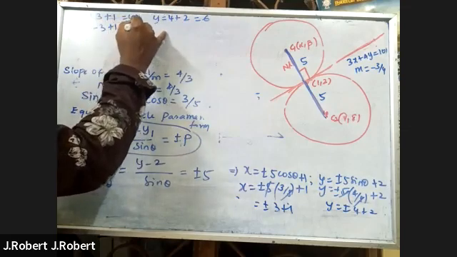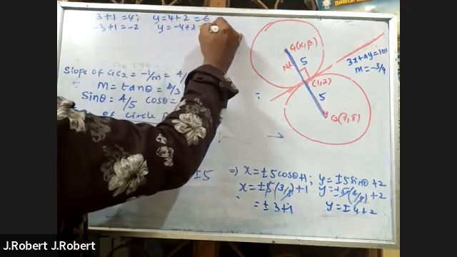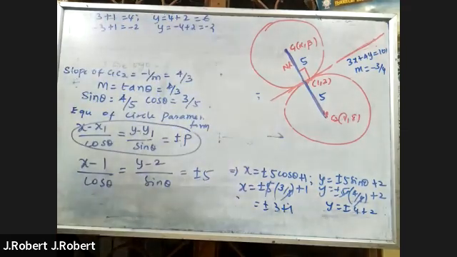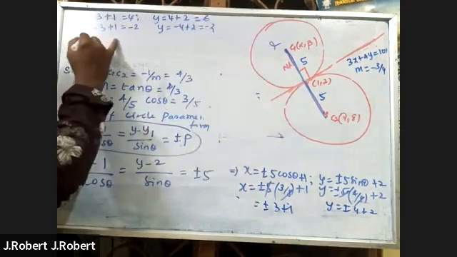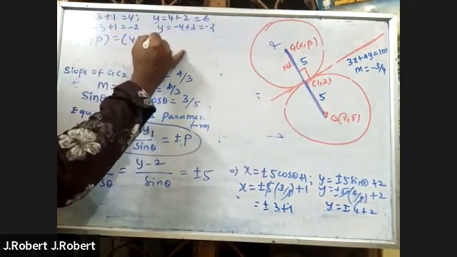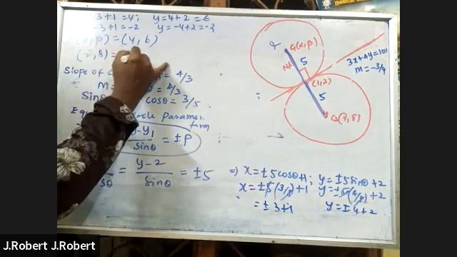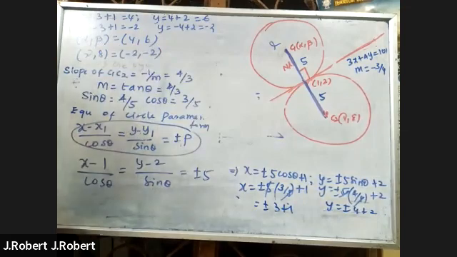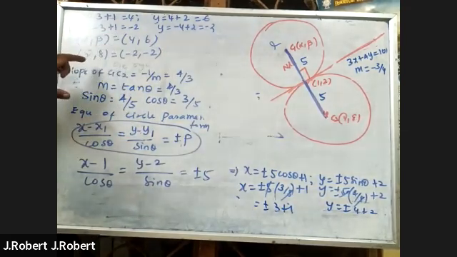Minus 3 plus 1 gives minus 2, and y equals minus 4 plus 2, which equals minus 2. So first, alpha comma beta equals 4 comma 6. Similarly, gamma comma delta is the second one, minus 2 comma minus 2. So alpha is 4, beta is 6, gamma is minus 2 and delta is minus 2.